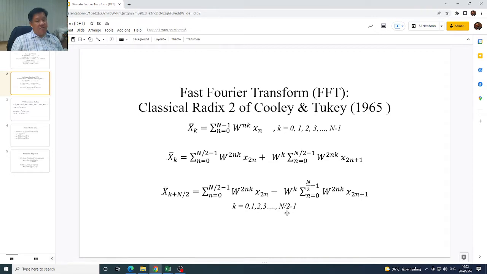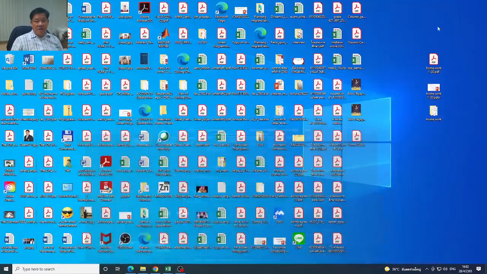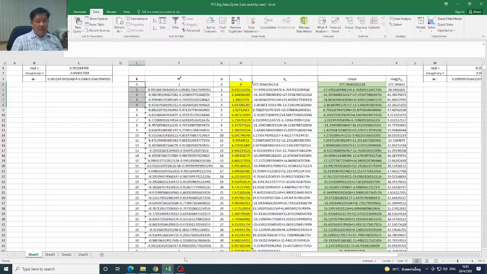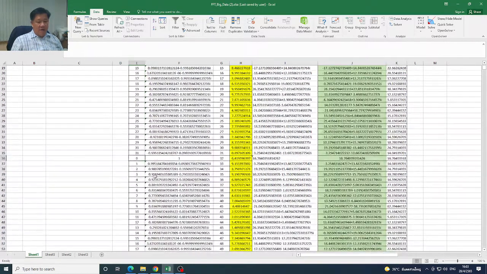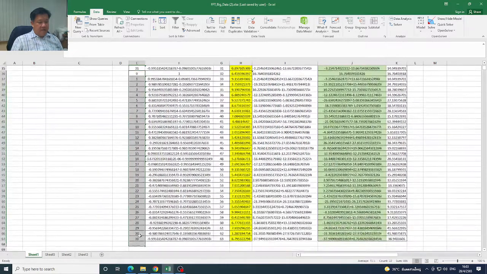That's why we implement this in the Excel format here. The k starts from 0 and runs until 31, then resets, starts at 0 again, and finishes at 31. So this is how we set up the k.